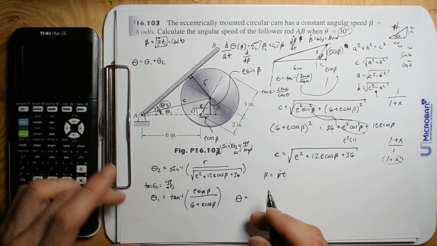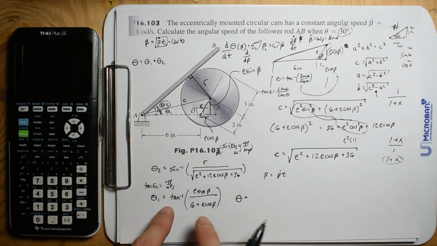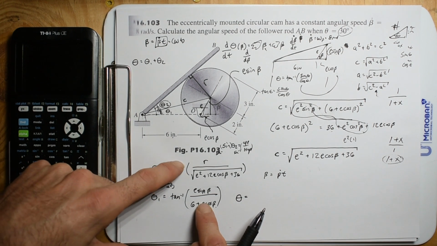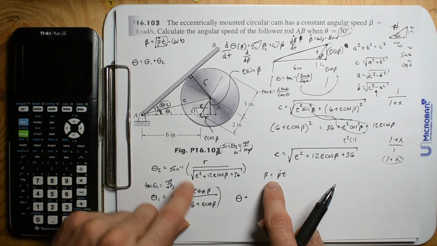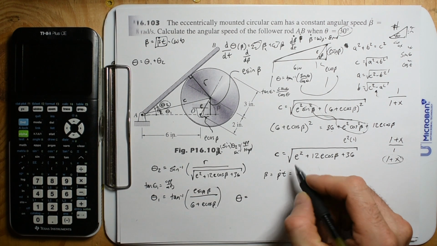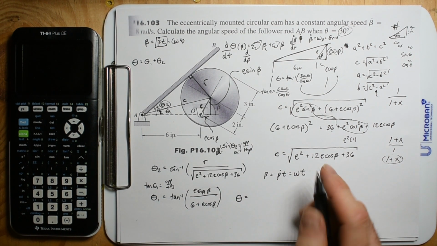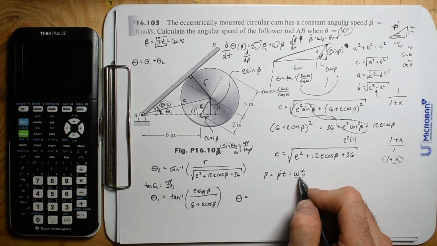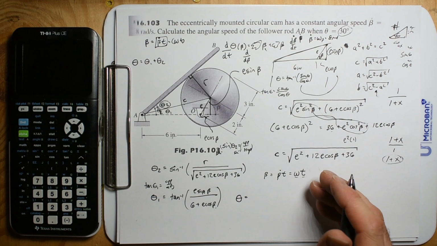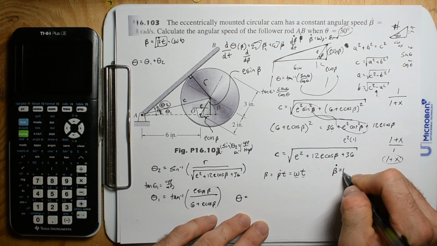Do I even need to rewrite them again? All I'm going to do is add this to this while putting in beta dot t. I really don't want to put in beta dot t. I want to put in omega t, because omega is such a good symbol for angular speed. I'm going to say beta dot is omega.